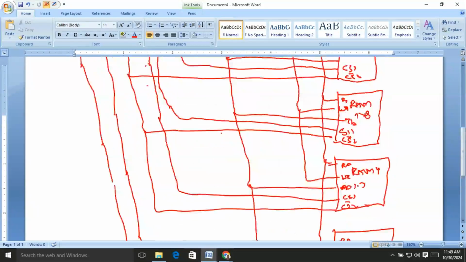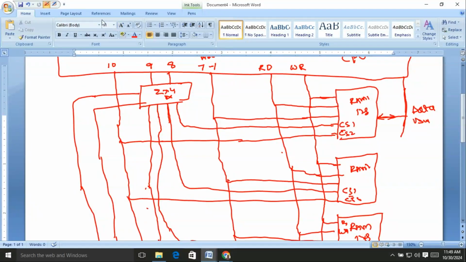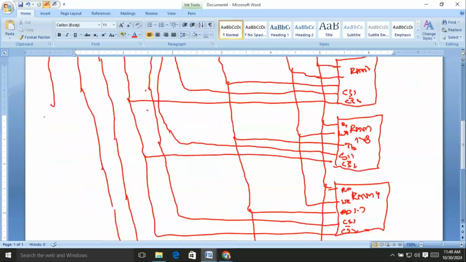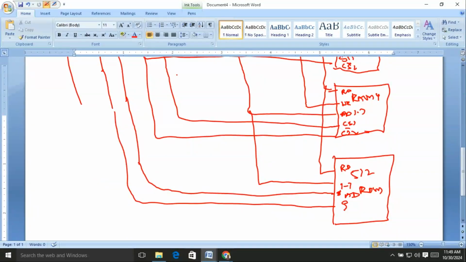And the last bit, the 10th bit, is inverted and connected as CS1 and CS2 bar.